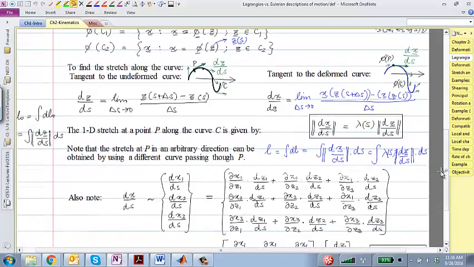We also looked at how to generalize the concept of stretch. Now that we can track strain and stretch along individual directions, along individual curves, let's try to figure out what that means in an arbitrary three-dimensional direction.